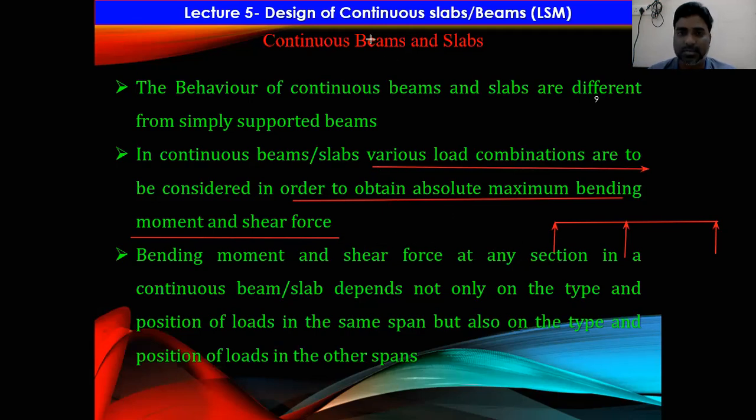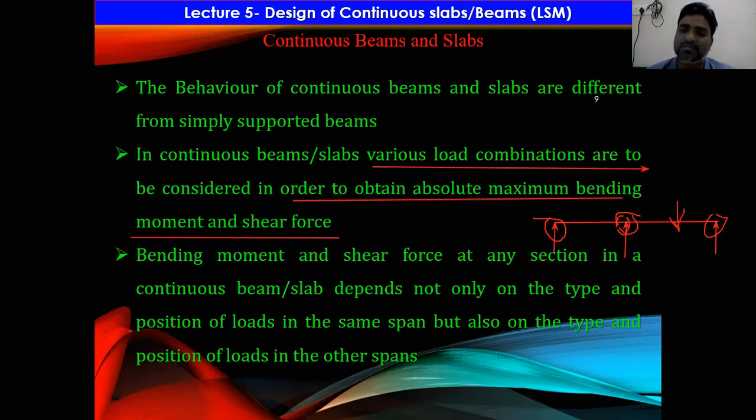And suppose, due to this load there is some reaction here, and due to this load there is some reaction at this point. There is an effect at this point and there is an effect on this point. And similarly, due to load on this span, there is an effect on this span and on this span. And one more thing, it is a continuous beam, so there is always some sharing, right?